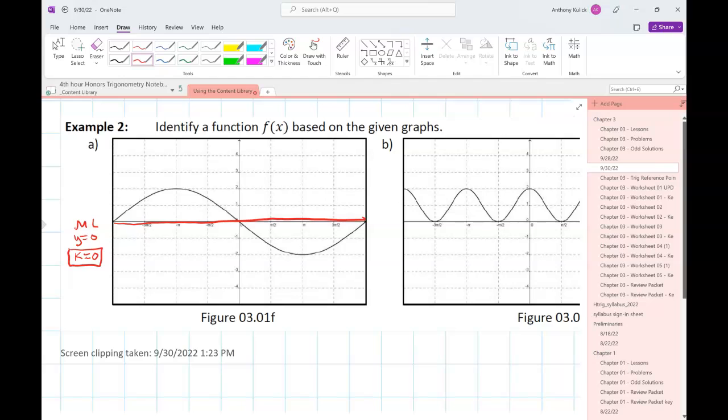The next thing I'm going to do is look for the amplitude. How do I find the amplitude, or what is the amplitude? It's the absolute value of A, and it's half of the distance between the two extrema, or just the distance from extrema to midline. Either one is fine.